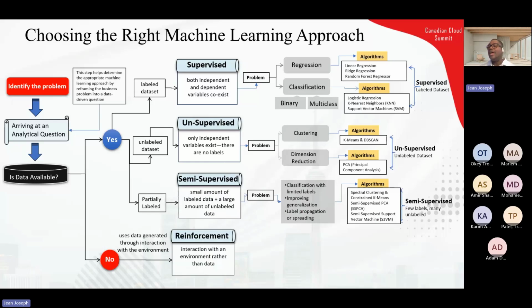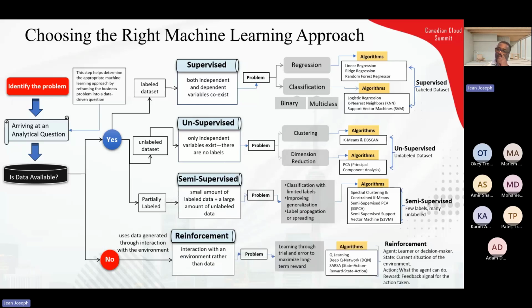So this is where reinforcement machine learning comes in. Instead of learning from labeled examples, right, the model learns by taking action in an environment, receiving rewards or penalties, and adjusting its behavior to maximize long-term success, right?